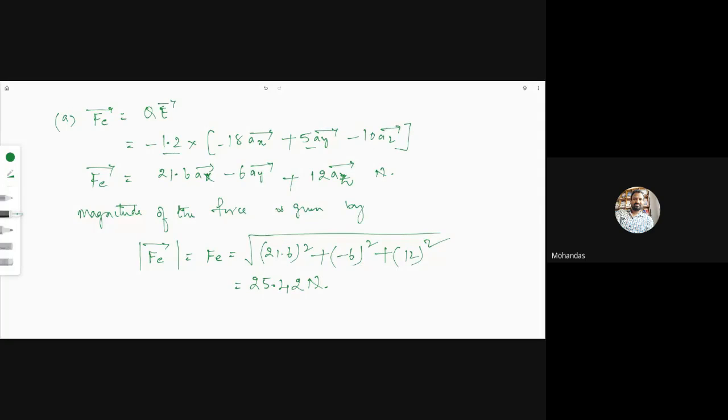All of you got the same answer, please. Yes, sir. Now, do the second problem, the B question. The moving charge is present in a magnetic field, and it is moving with a velocity. What is the velocity of that charge?